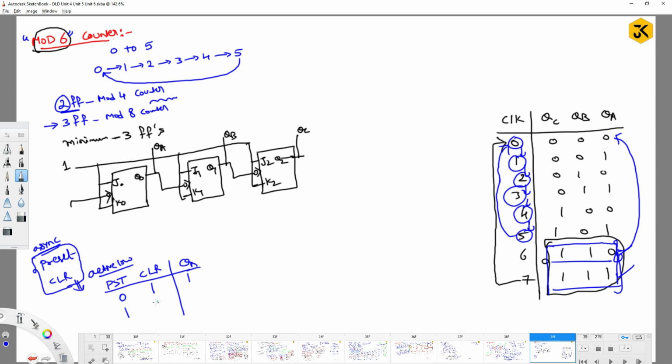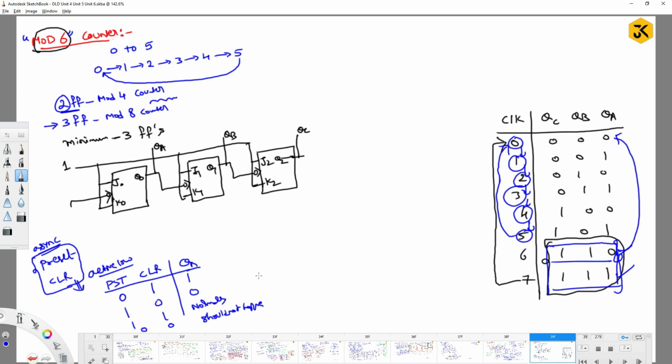If it is 1 and 0, it is going to clear the state. If both are 1 1, it is going to work normally. If it is 0 0, this state should not happen, right? If you want, you can go through how the asynchronous JK flip-flop works for both positive edge triggered and negative edge triggered flip-flops. You can go through that video.